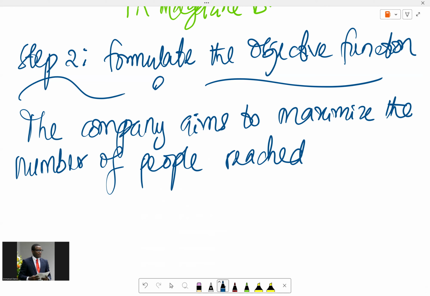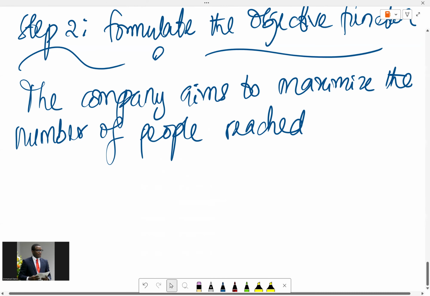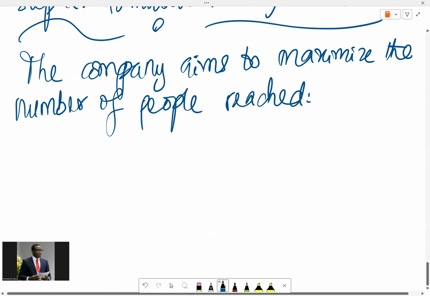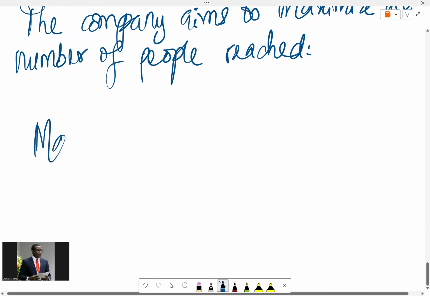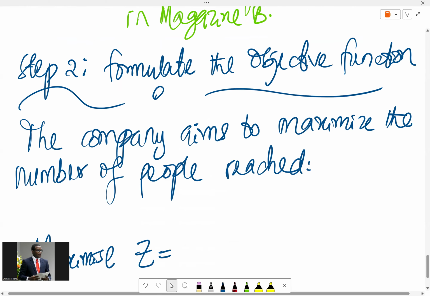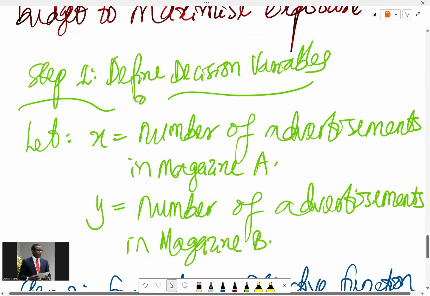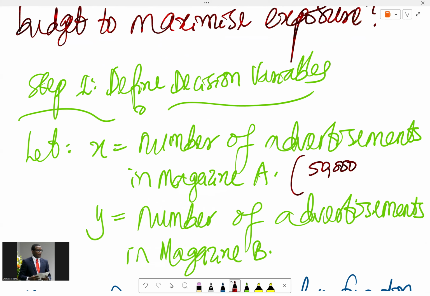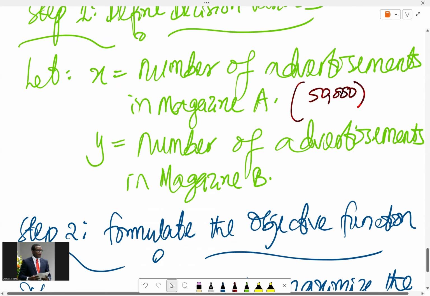So the objective function will be to maximize Z, which is equal to: X is the number of advertisements in magazine A, each reaching 50,000 people, and Y is the number of advertisements in magazine B, each reaching 60,000 people.